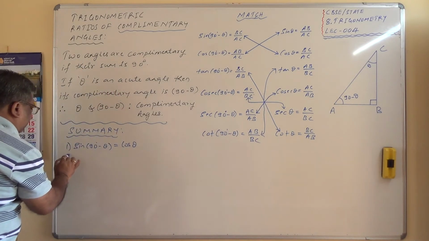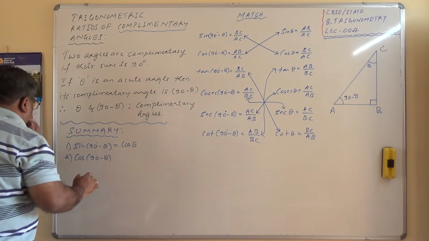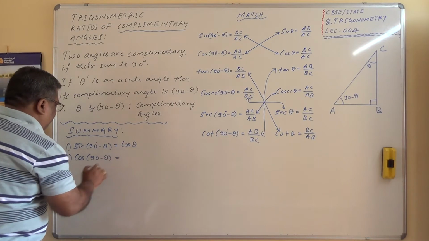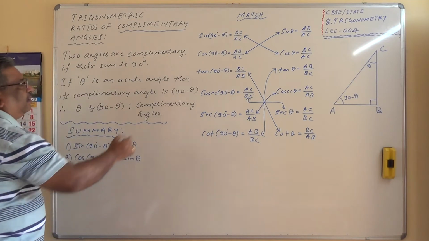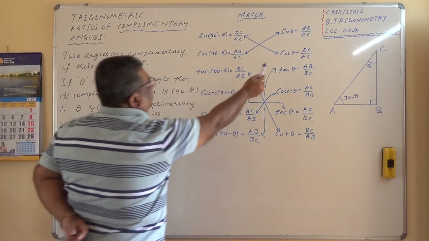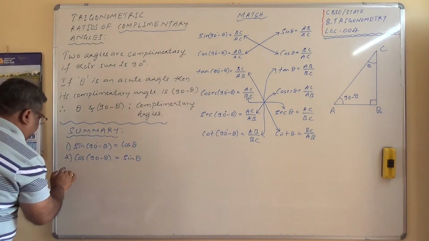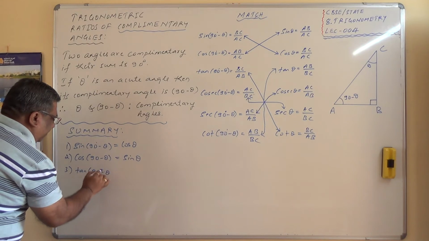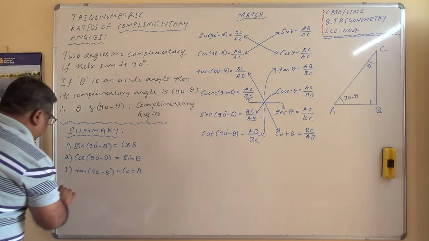Second one, cos 90 minus theta equals sin theta. Cos of 90 minus theta equals sin theta. Third one, tan 90 minus theta equals cot theta.